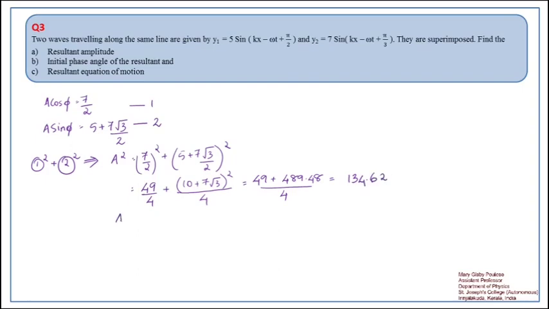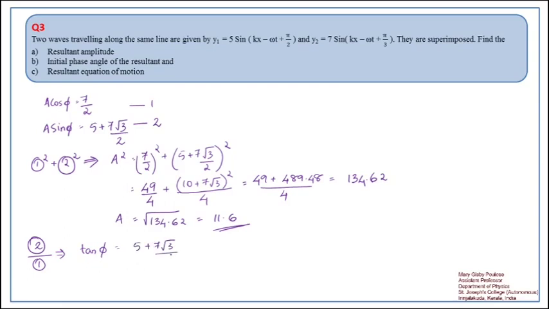Now we get A as the square root of 134.62, that is 11.6.